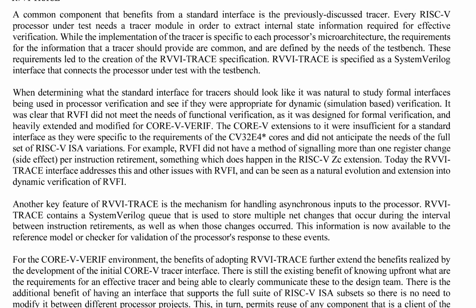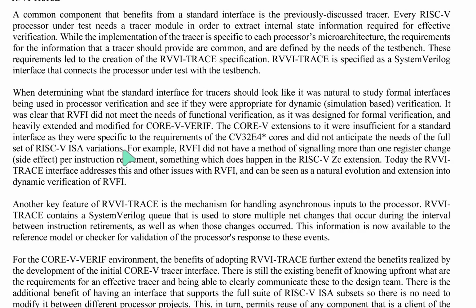The CORE-V extensions to it were inefficient for a standard interface, as they were specific to the requirements of CV32E40 cores and did not anticipate the needs of the full set of RISC-V ISA variations.